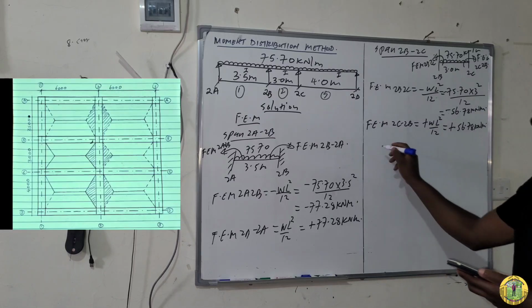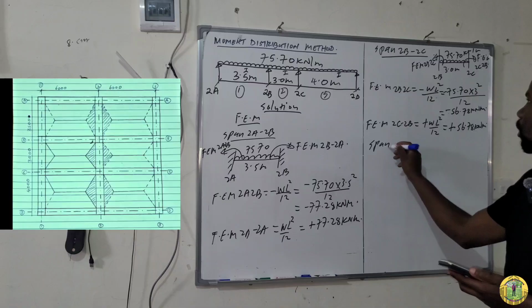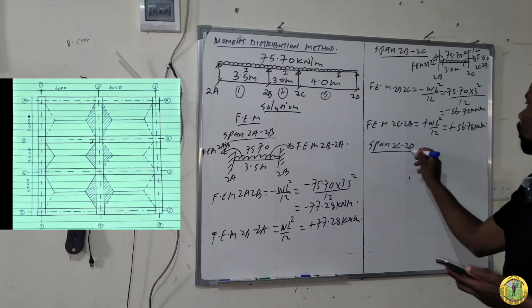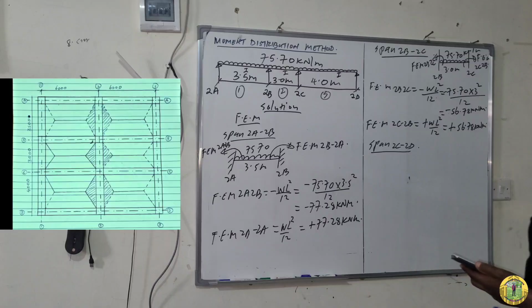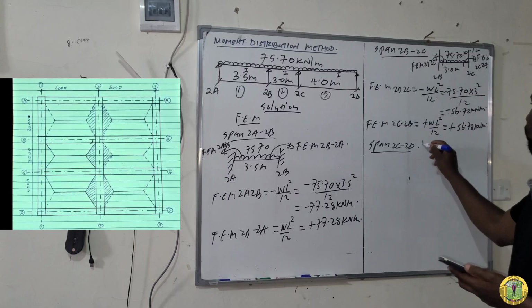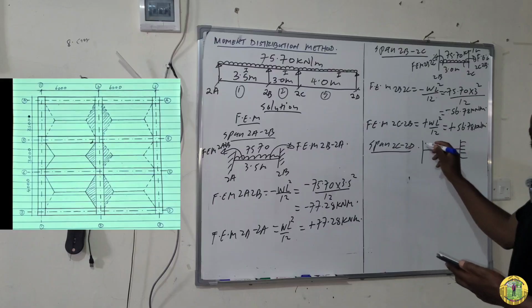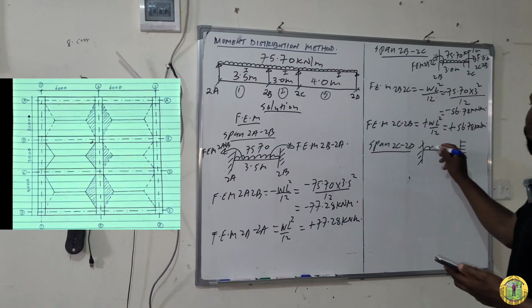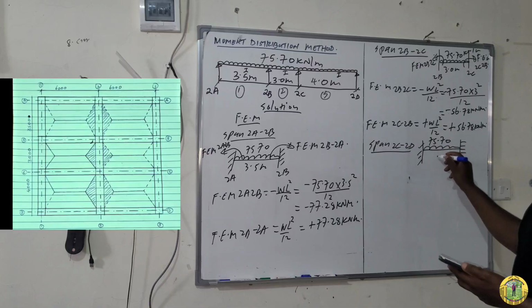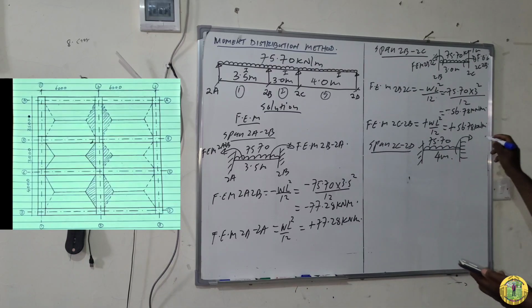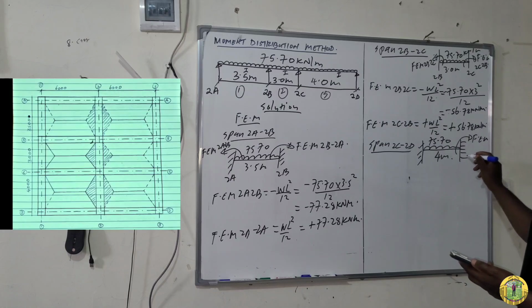We proceed to span 2C, 2D. So let's draw it here. Here is 75.70 and then 4 meters. This is the fixed end moment.